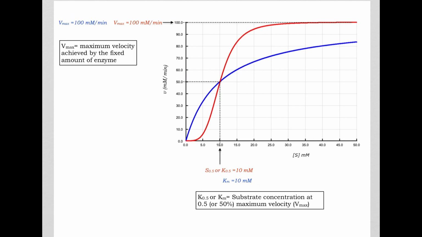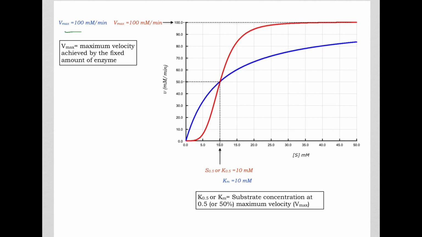So what is Km or K0.5? Km or K0.5 is the substrate concentration. This is the concentration of substrate at 0.5 or 50% Vmax. That's the definition of K0.5 or Km. Substrate concentration at 50% maximum velocity.